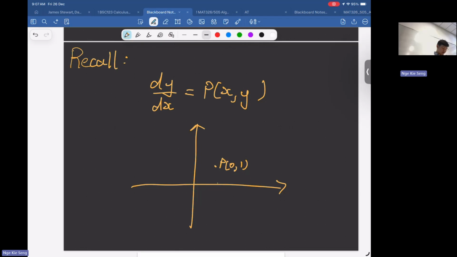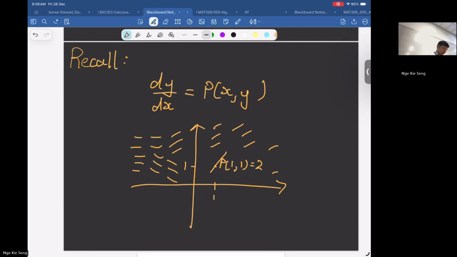So for example, let's say this point here, you can have some tangent like that. And then if you do it for every x, y, you will get something called the direction field.